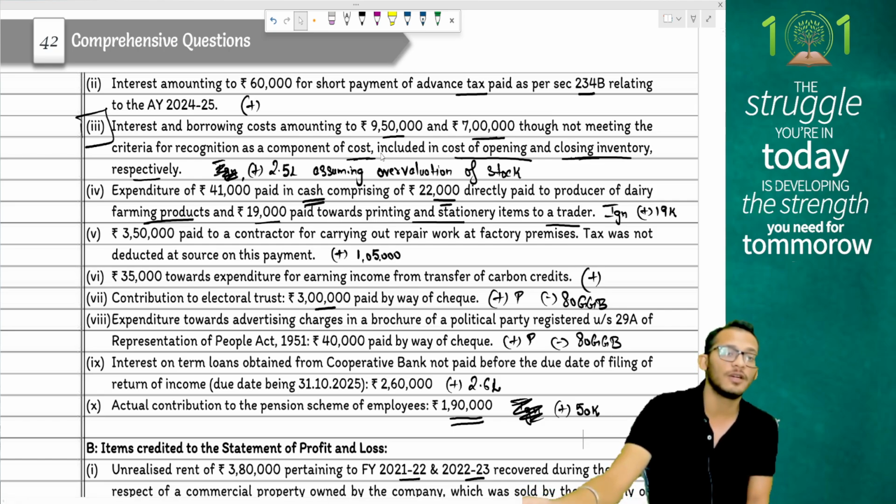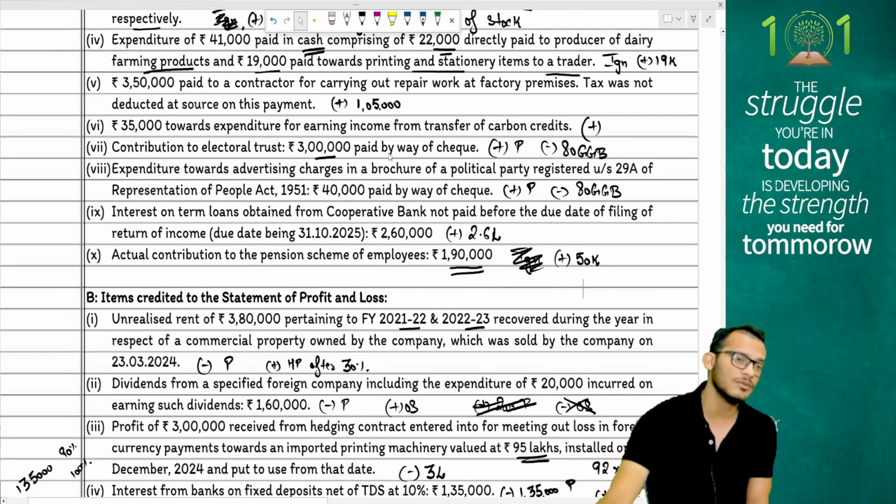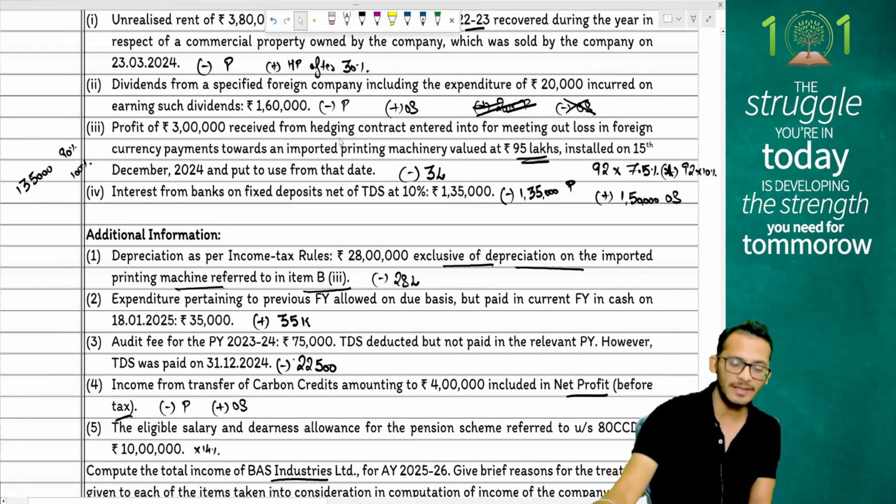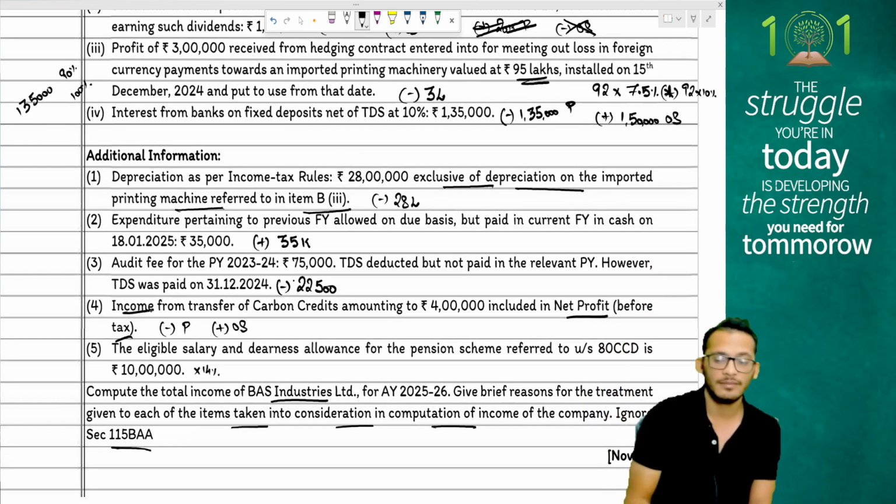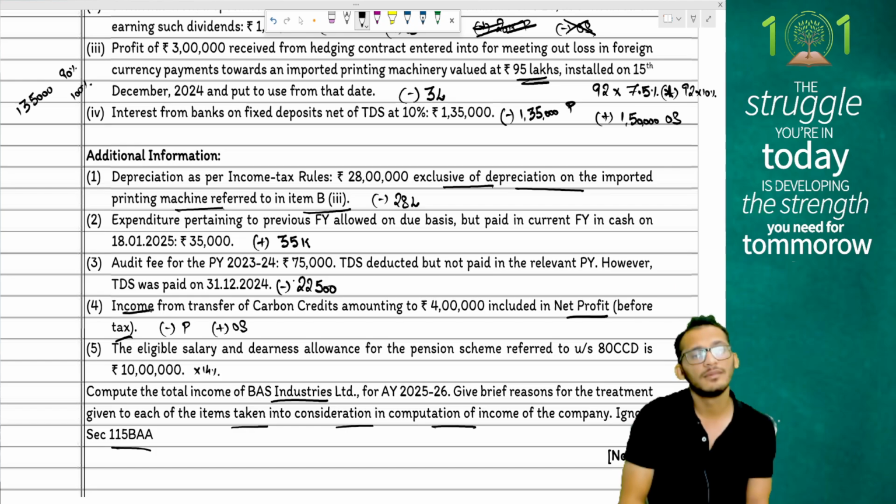Even if you take it to OS, it's not allowed as deduction, no? No. Income is being informed. They're not telling it's correct. So what you have done?